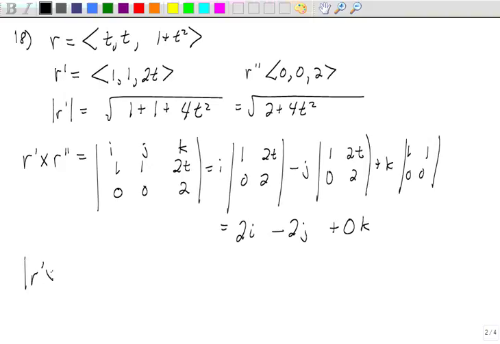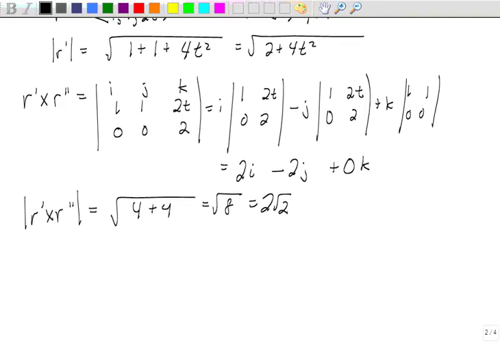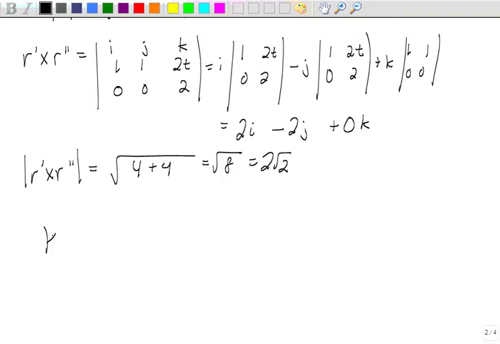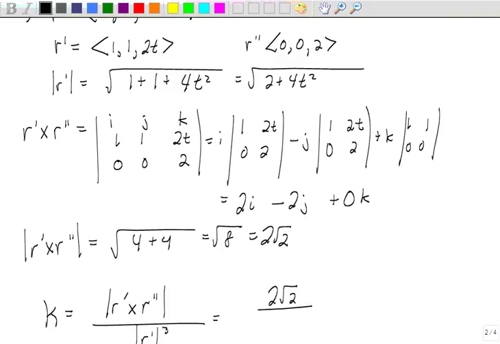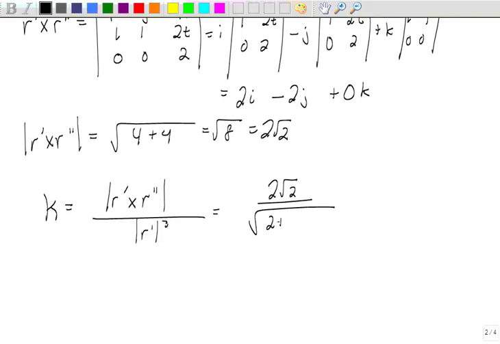So the magnitude of that is square root of 4 plus 4, which is the square root of 8, or 2 square root of 2. So curvature, again, is the magnitude of r prime cross r double prime over the magnitude of r prime cubed. So that's going to be 2 square root of 2 over the square root of 2 plus 4t squared, cubed.